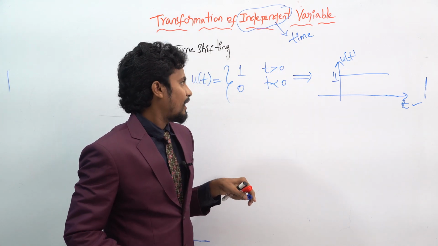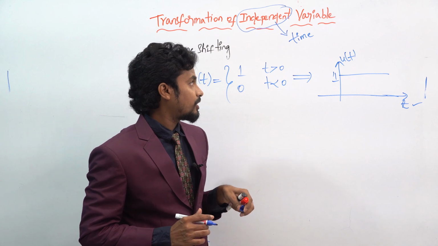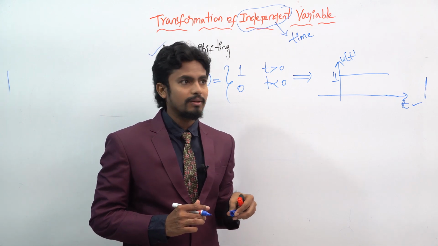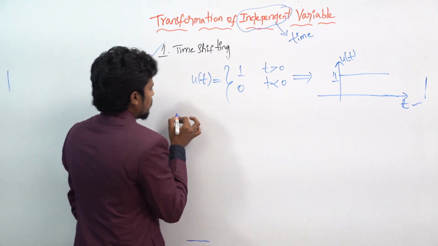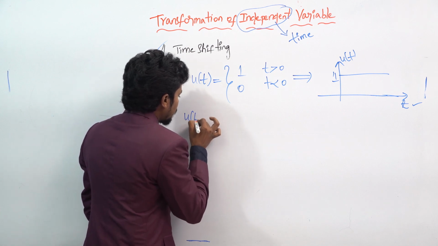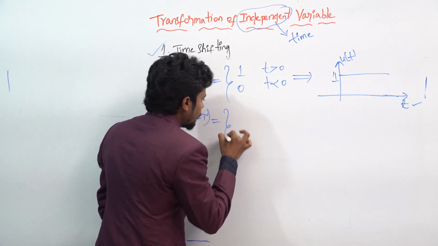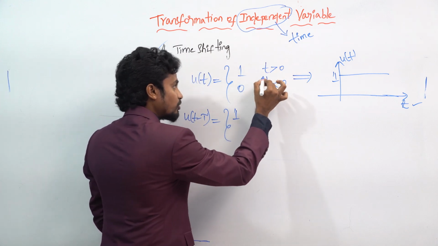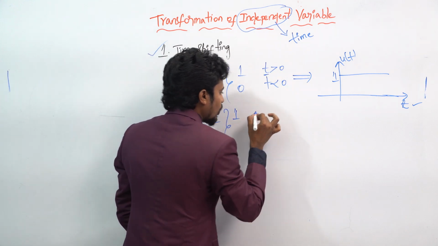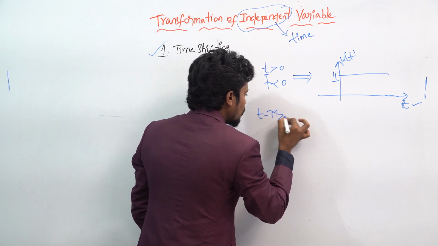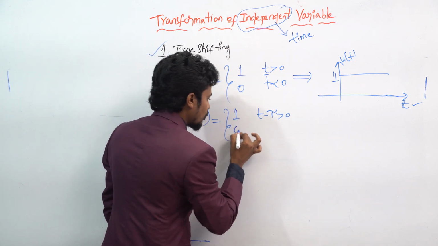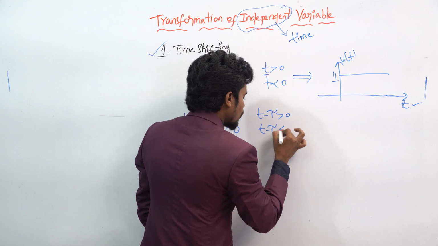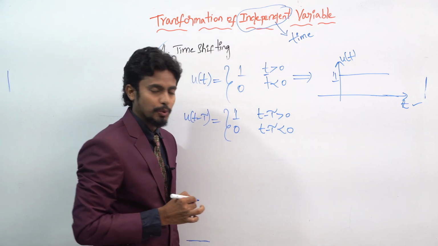For example, in place of t you put t minus tau. What will happen? u of t minus tau is equal to 1 for t minus tau greater than 0, and 0 for t minus tau less than 0.